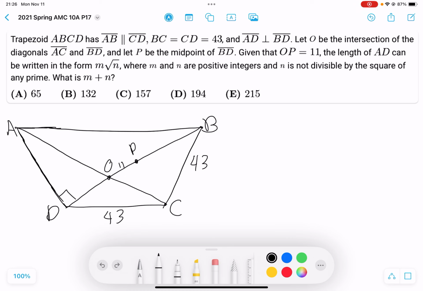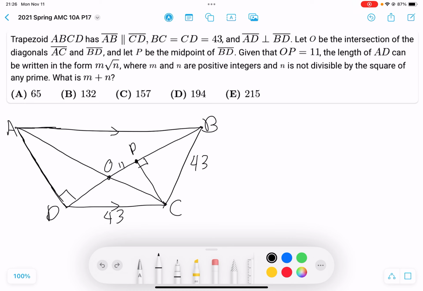Let's first connect CP, because why not? Since we know that BDC is isosceles, this is actually the median, and it's also the altitude, and it's also an angle bisector. Now that we've connected CP, we can look at the similar triangles. Notice AB is parallel to CD. So this means that we have some similar triangles over here, ABO and DOC.